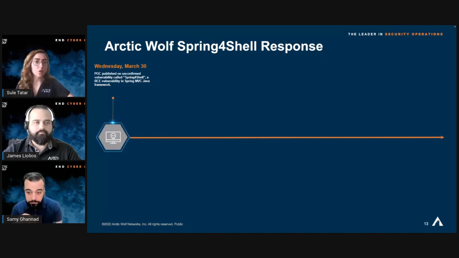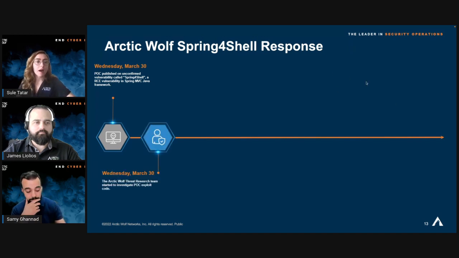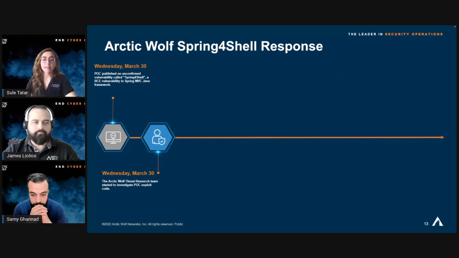So on March 30th, a security researcher group published a POC for an unconfirmed vulnerability called Spring4Shell, which James walked you through in detail. Within minutes, the Arctic Wolf Threat Research team started to investigate this POC exploit code.